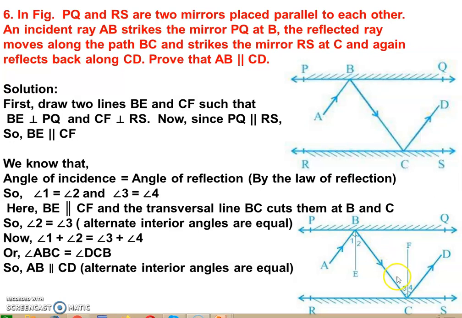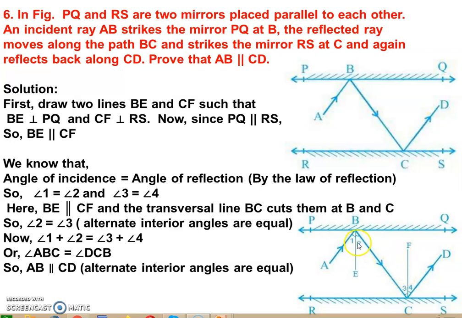Same way here, the incident ray is BC, CF is the normal, the angle formed between the incident ray and the normal is angle 3 and angle 4 is the reflected one. So angle 3 and angle 4 will be equal. Further we also know that angle 2 and angle 3 will be equal because they form a pair of alternate interior angles as BE is parallel to CF.